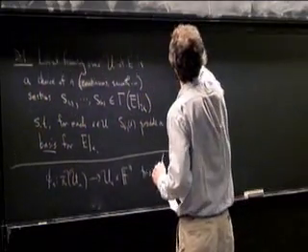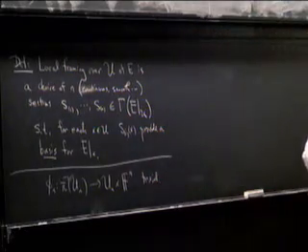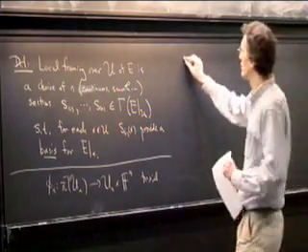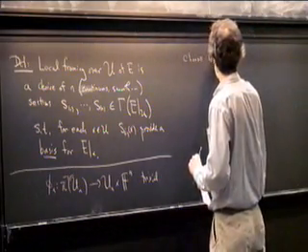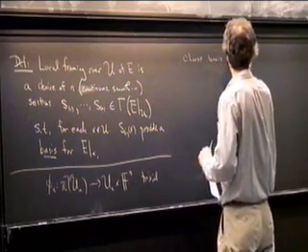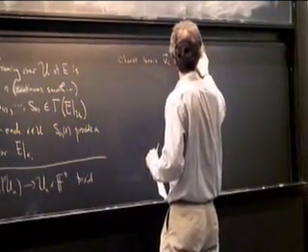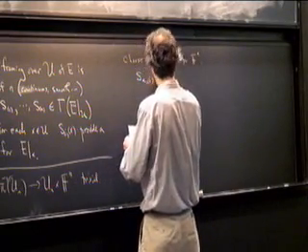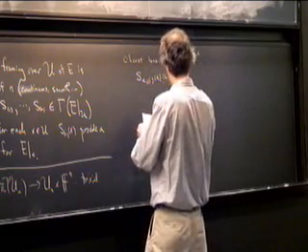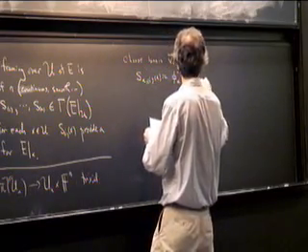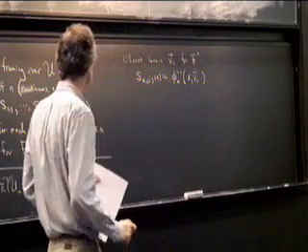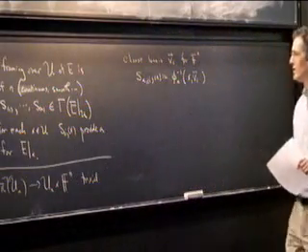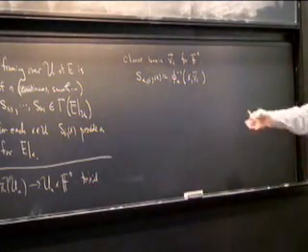Then we could choose a basis V sub i for F^n, and we could define S sub alpha i of x to be phi alpha inverse of (x, V sub i). So these V sub i's don't depend on x in any way. In general, these S sub alpha i depend on x because they're defined this way.